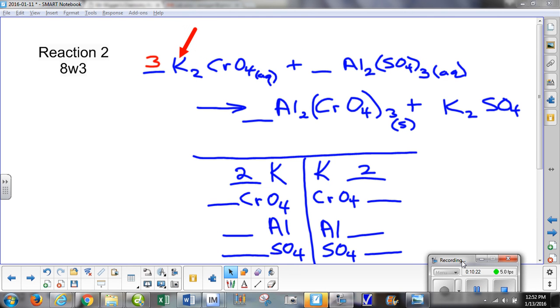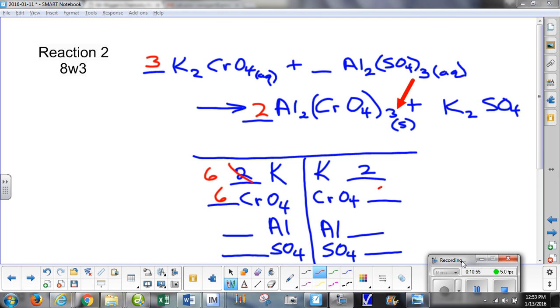So I have 3 times 2 potassiums, and I'm going to cross that out. And 3 times 2 is 6. So how am I going to get 6 on the right side? What does my coefficient have to be to get 6? Right, because if I put a 2 here, let's do it in red, now 2 times 3 is 6. And so I have 6 potassiums on the left and 6 on the right.